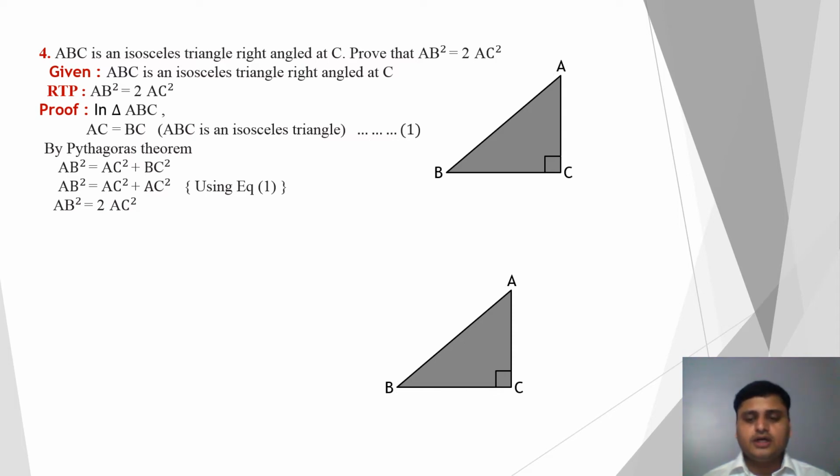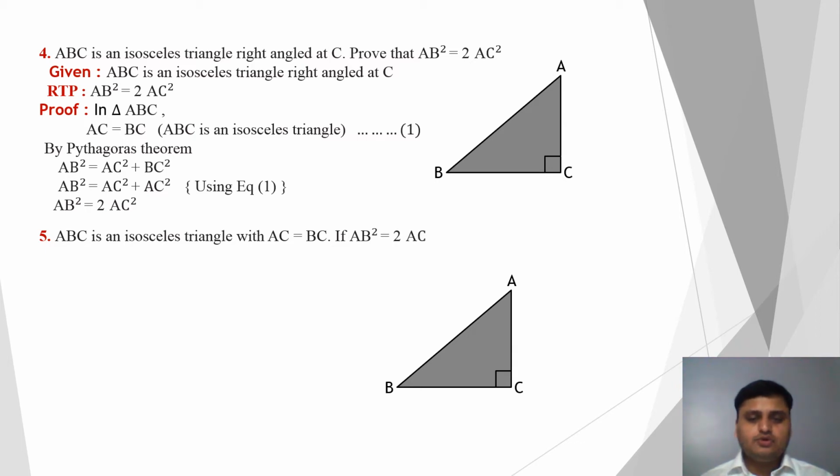In this next one, we are going to prove the converse of question number 4. It is given that ABC is an isosceles triangle. Now we need to show that this isosceles triangle is a right triangle, and it is also given that AC is equal to BC.